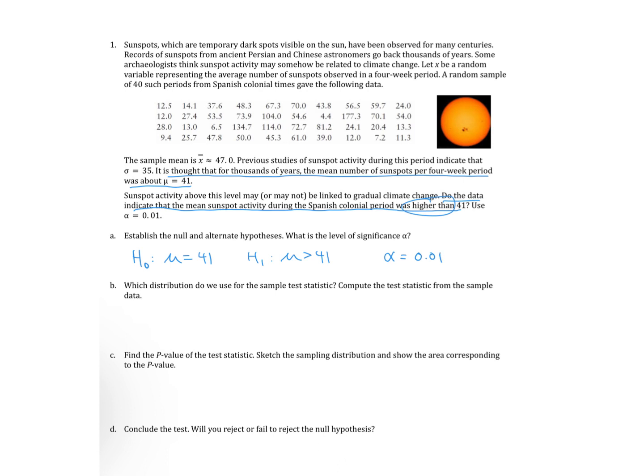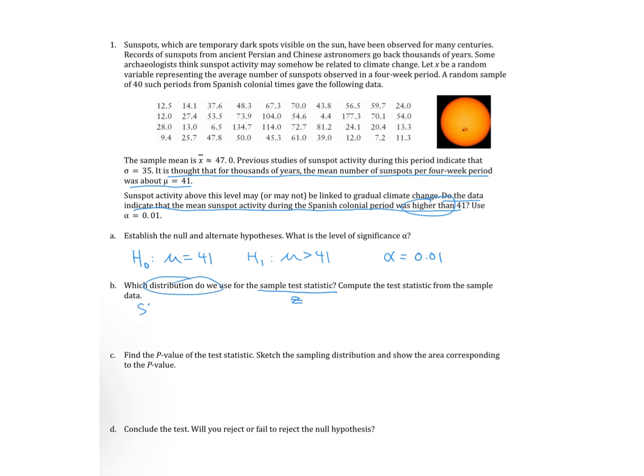Part B. Which distribution do we use for the sample test statistic? Compute the test statistic from the sample data. The sample test statistic is Z. And so, which distribution do we use?